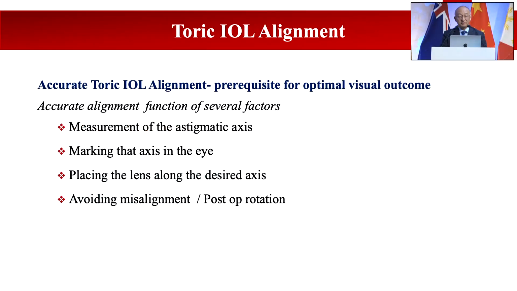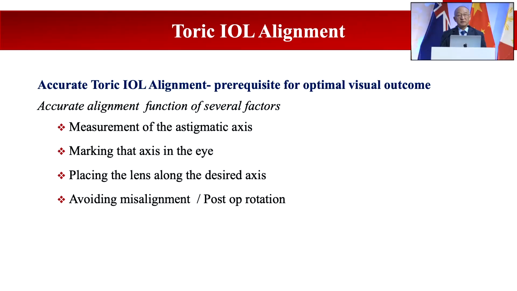There's nothing different in surgery from what we do for our routine cases. The only thing different in cases with a toric IOL is that you have to measure the astigmatism axis, that is the steeper axis, and mark the axis on the eye by various means. Place the intraocular lens in such a way that it matches the axis marked on the cornea, or use automated devices which tell you exactly where the lens has to be positioned.